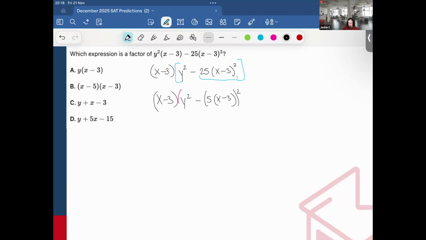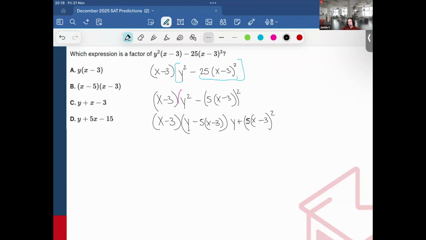So then doing that factorization would be x minus 3, and then we'd have y minus 5, x minus 3 for our a term, multiplied by y plus 5x minus 3.